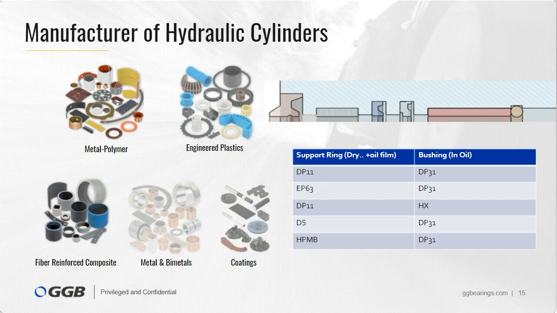And as I had mentioned, with our range of materials, the metal polymer materials and the metals and bimetals are most prone to corrosion, both from just a general chemical attack, but also galvanic couples. Metals are certainly prone to those. The fiber reinforced composites and engineered plastics don't have any metallic components in them, or at least not prevalent.